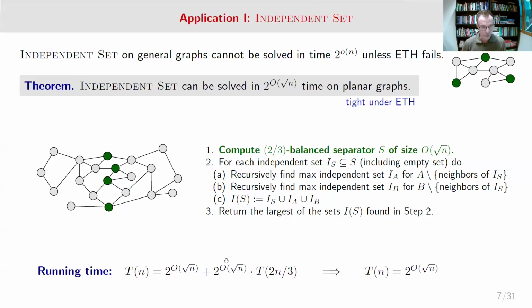But that's, of course, subsumed in this 2 to the square root of n here. And then maybe I have some overhead term for picking the largest of the 2 to the square root of n things I find. And this solves to 2 to the order square root of n. So this is a trivial algorithm that gives an optimal result for independent set on planar graphs if you insist on finding the actual maximum.